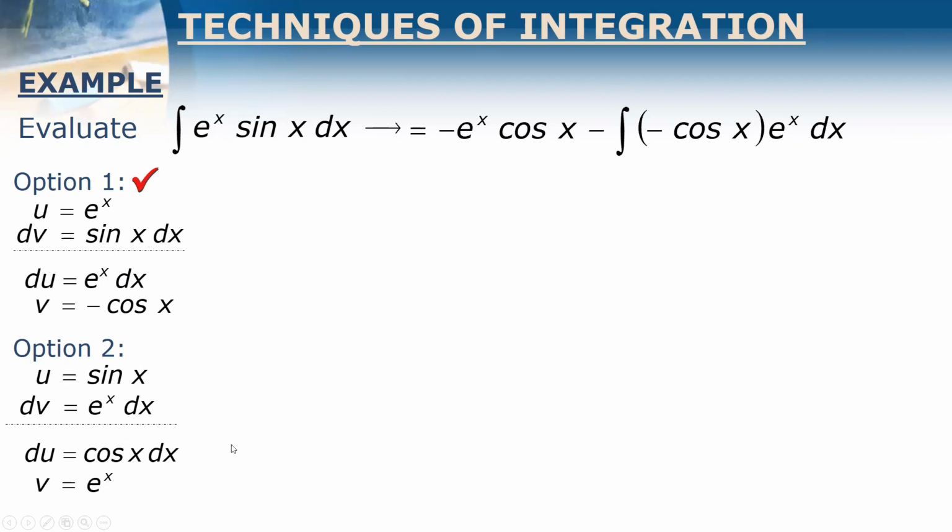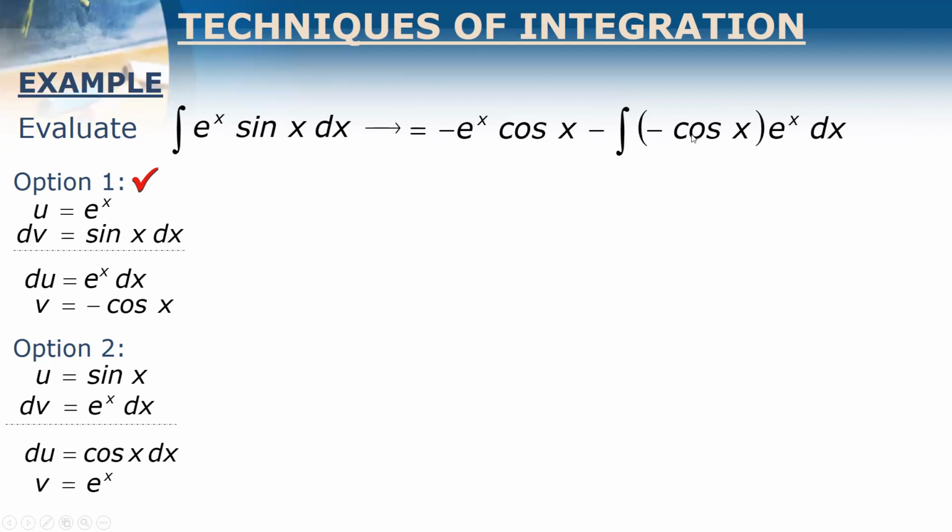So option 1, uv: e to the x times negative cosine x, and negative integral of e to the x cosine x. We do not write negative cosine x times e to the x so that we do not get confused. So we write it as e to the x times cosine x minus the integral of v du.